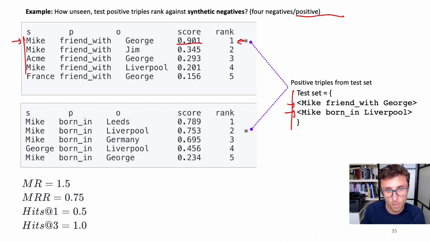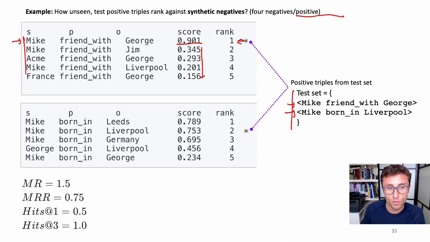This is the optimal outcome because the model can tell the true fact from all the other corrupted versions of such fact. So Mike, friend with Jim is a false fact. Acme, friend with George is also obviously a false fact. Mike, friend with Liverpool, same. And these statements are all assigned a lower score, and therefore this is the optimal solution.